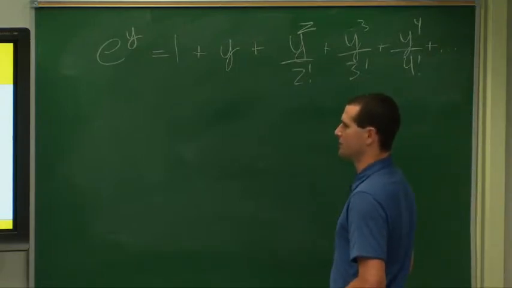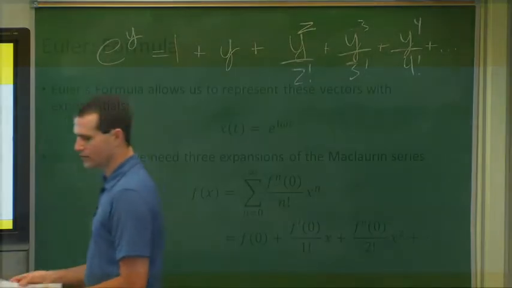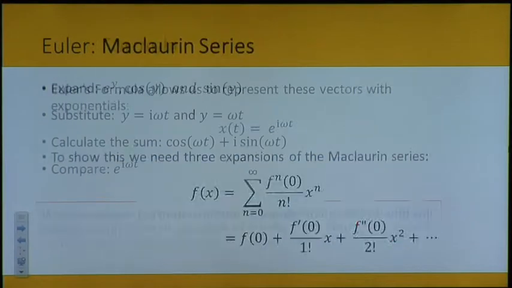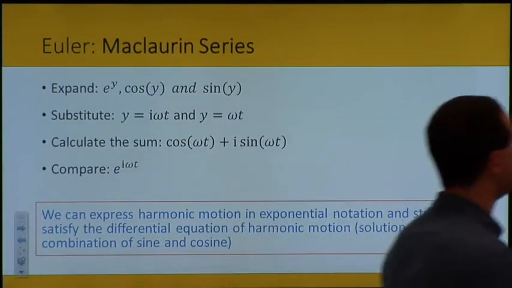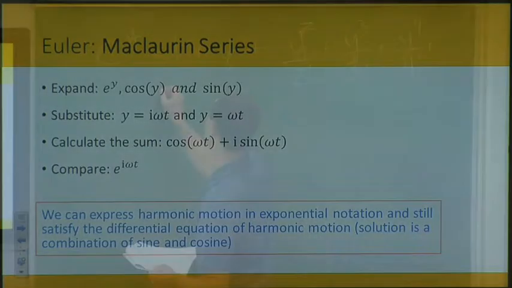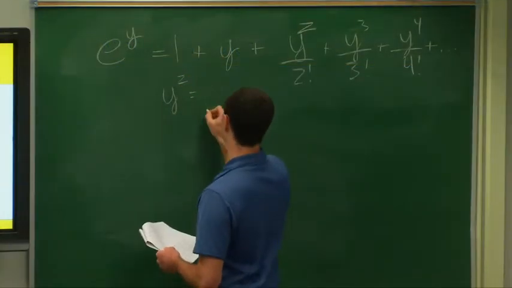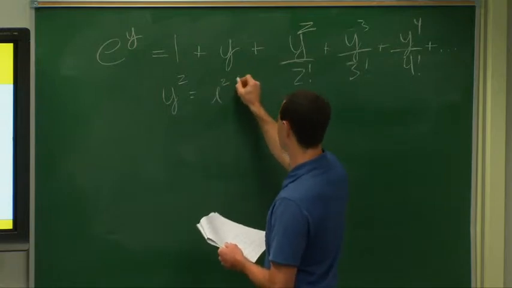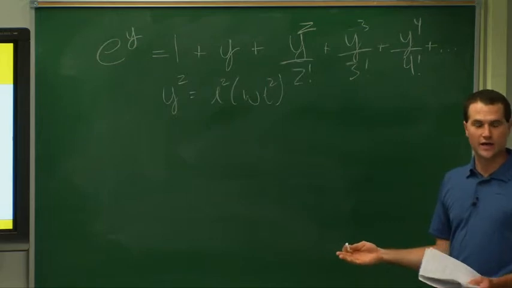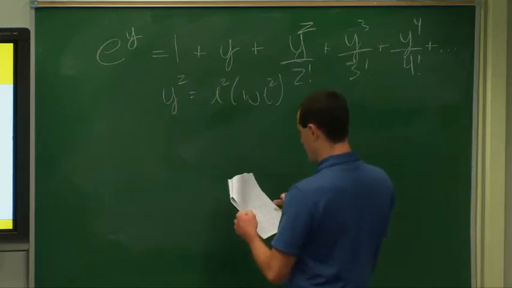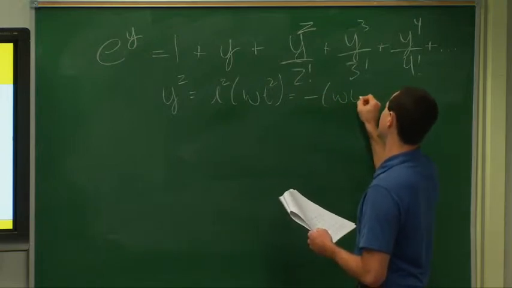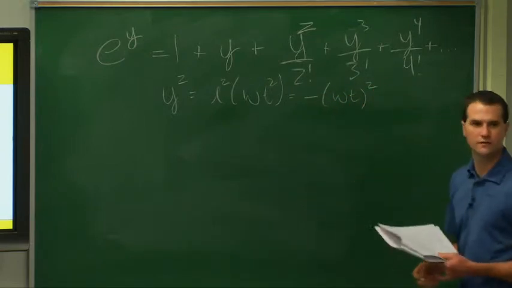So if I were to sub in my y equals i omega t, and I'll just show that real quick, y squared would be i squared omega t squared, and we know that i is the square root of -1, so that means this is just negative omega t squared.